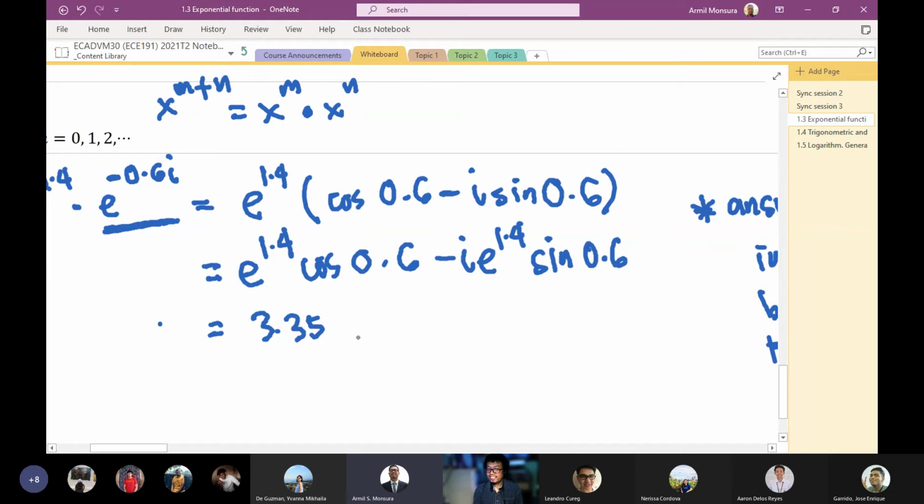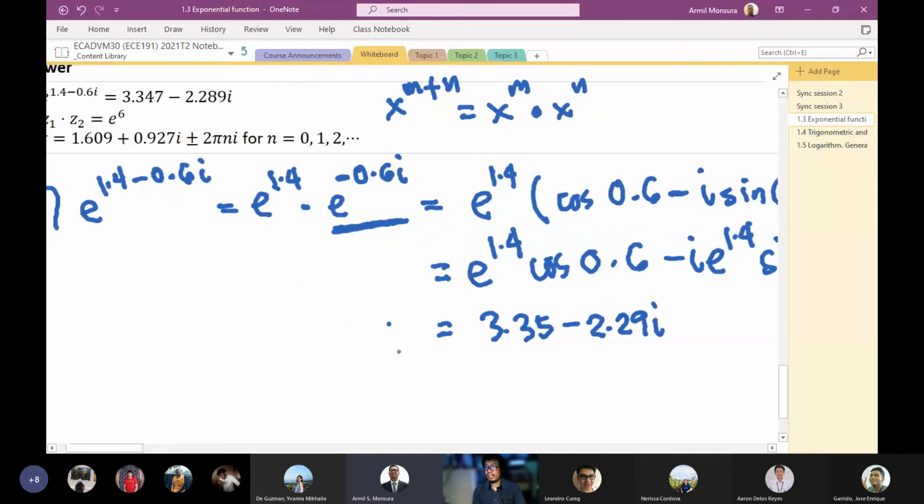And how about e raised to 1.4 times sine of 0.6? Ano yung value nun? 2.29 po. That is positive? Negative. So negative 2.29i.